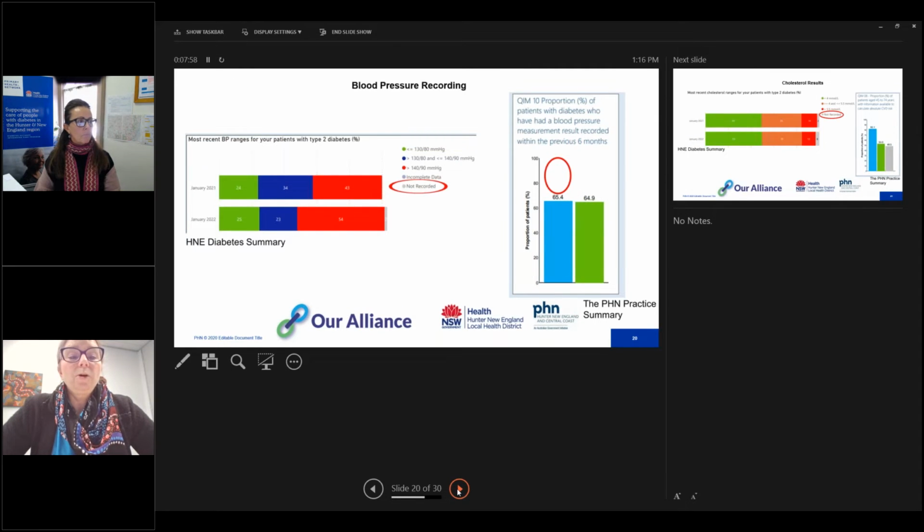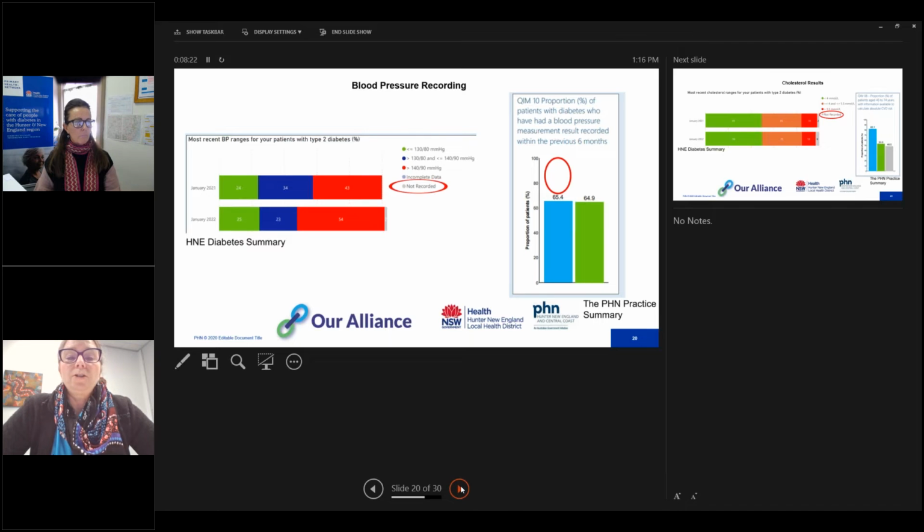So blood pressure recording, often this is because the BP is recorded in the progress notes rather than in the observations field. So that's just a little hot tip on how to improve that, but certainly there's a large cohort there in red that their blood pressure is above 140/90 hypertensive.